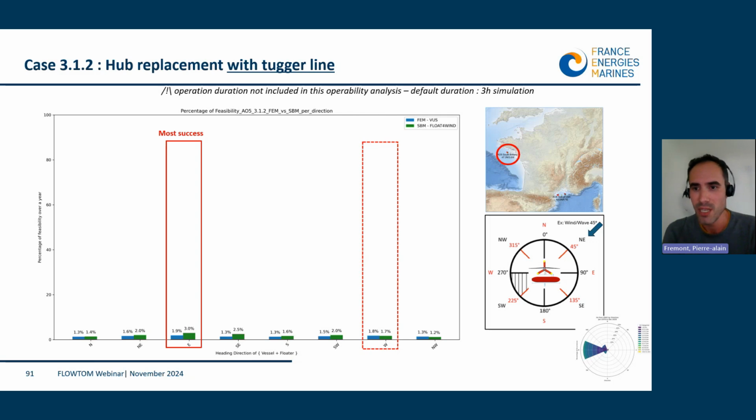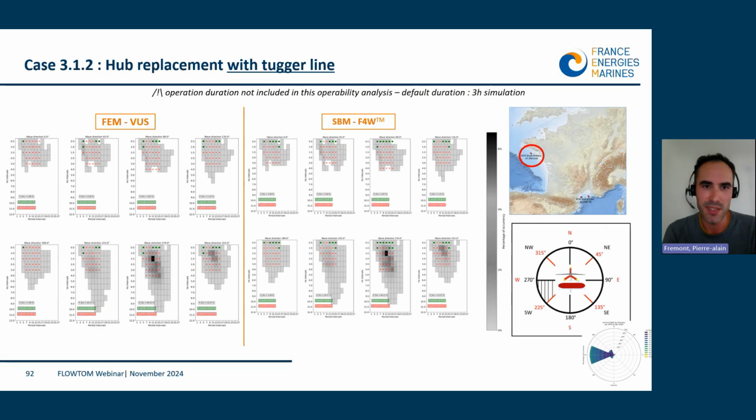But as explained before, this should not be considered as a definitive result because it is probably more linked to the numerical simulations we did for this project than to the solution itself.